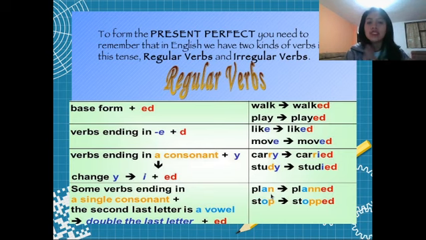Plan, stop, swim. Another one. Okay, that's it. We have to double the last consonant. Vamos a duplicar la última consonante. And we have to add ed. Vamos a aumentar ed. In order to make the past simple form and the past participle form. Estas dos formas nos sirven tanto para el pasado simple como para el pasado participio de los verbos regulares.